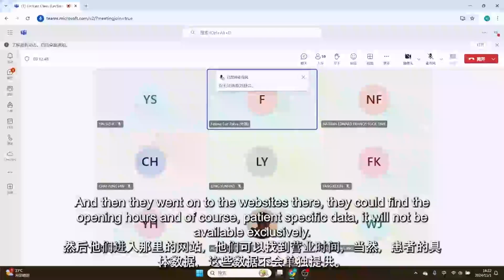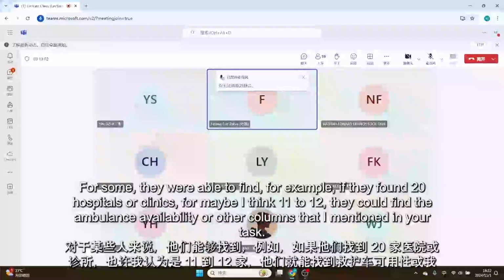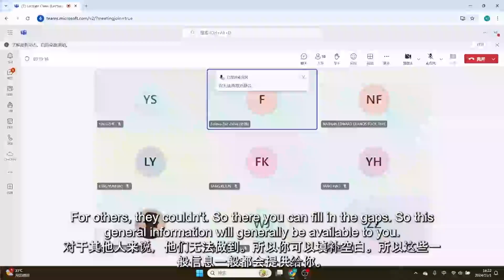There they could find the opening hours, and of course patient specific data will not be available, but other things like opening hours and ambulance availability they were able to find. For example, if they found 20 hospitals or clinics, for maybe 11 to 12 they could find the ambulance availability or other columns mentioned in your task. For others, they couldn't. So there you can fill in the gaps.